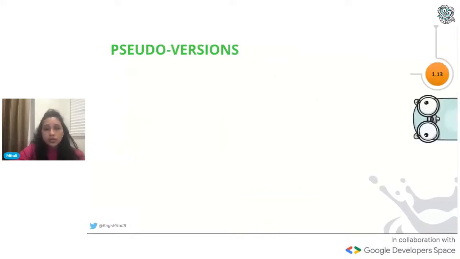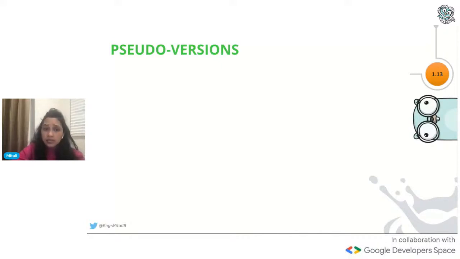First of all, what are pseudo versions? Pseudo versions are the versions that are put into place whenever we want to develop against a particular project which doesn't have any released version, or whenever we have a dependency on any project which has not been released. In those particular cases, developers use pseudo versions.